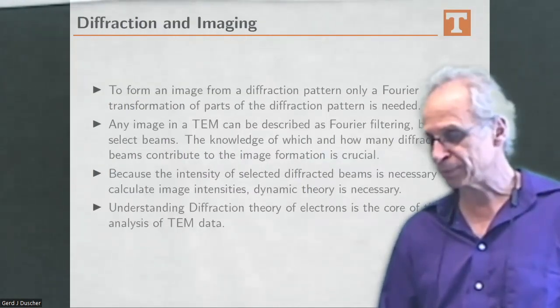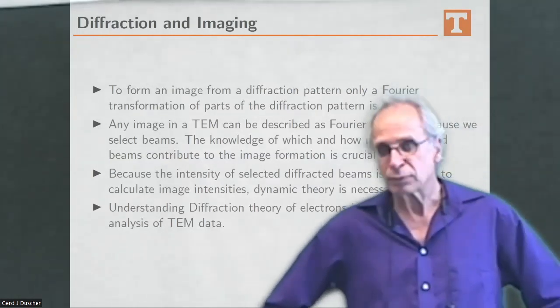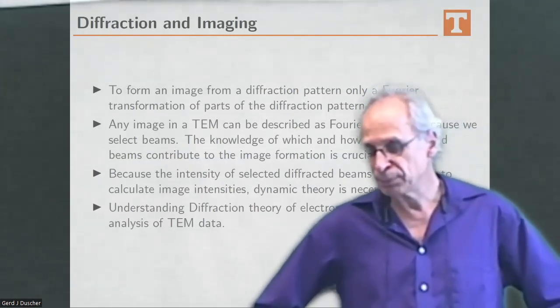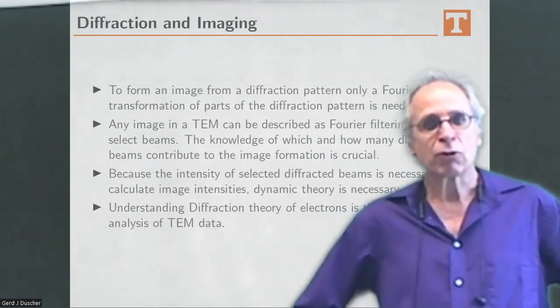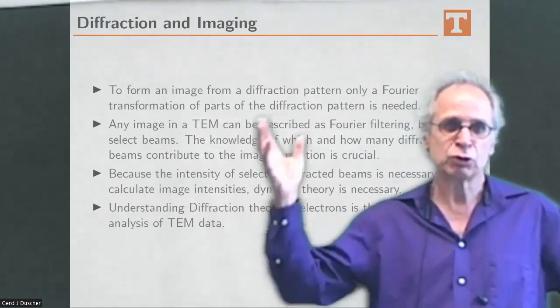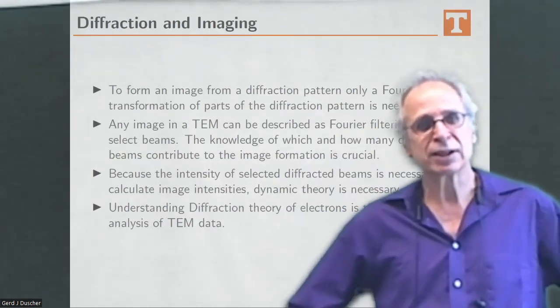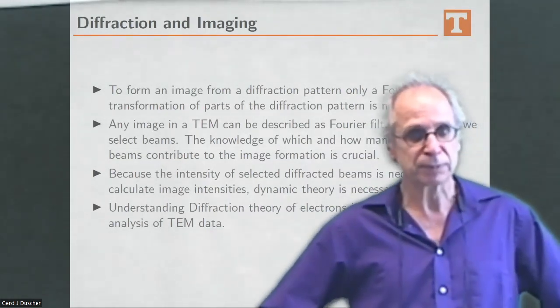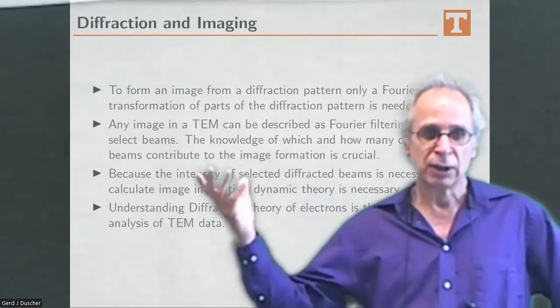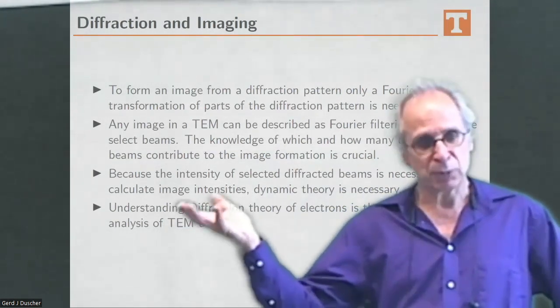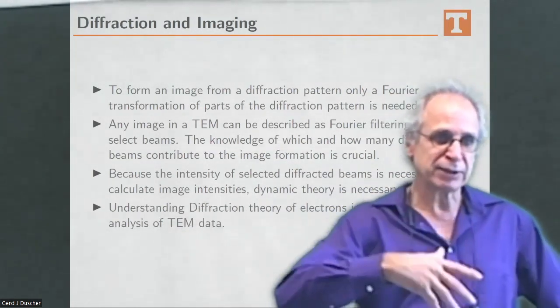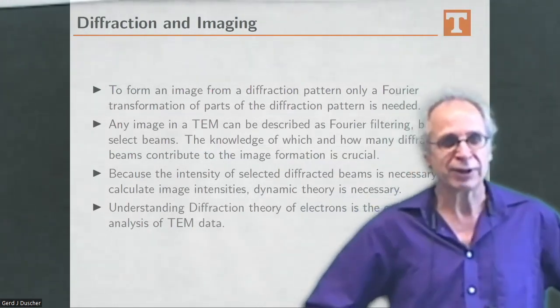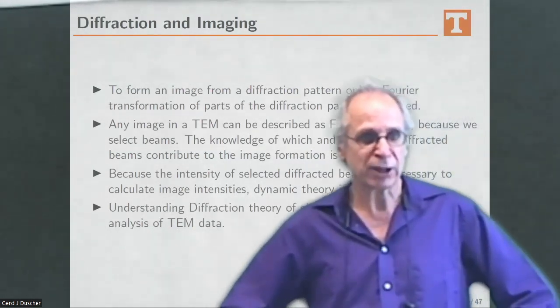Neutron scattering. Okay, so from diffraction to imaging, this is in first order only a Fourier transformation. So we go from reciprocal space, momentum space, to real space, and the transformation that does that is the Fourier transformation.